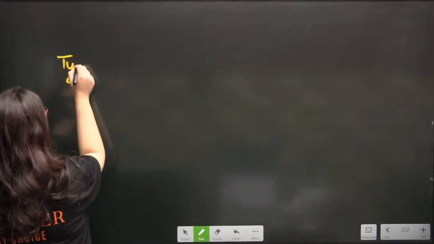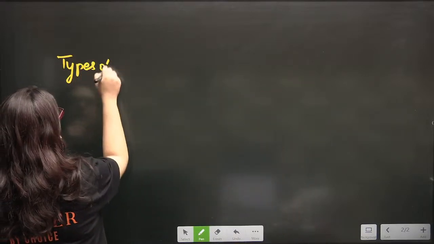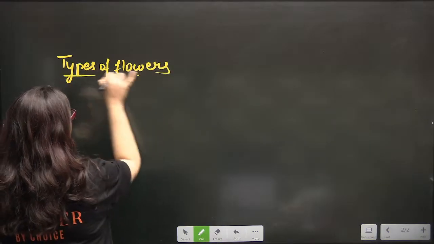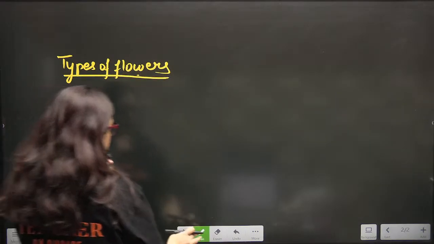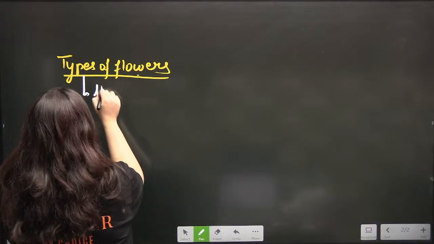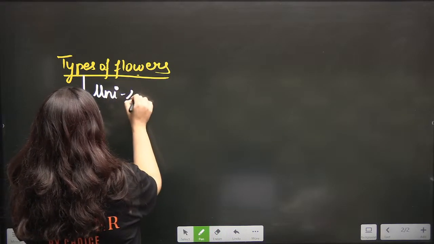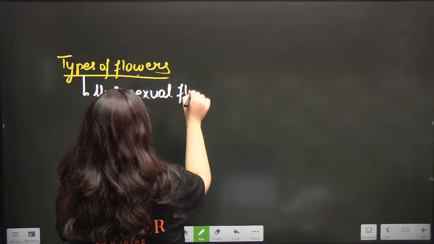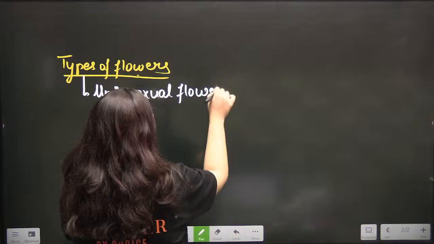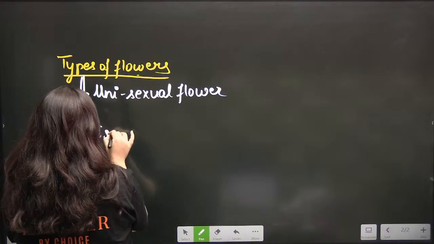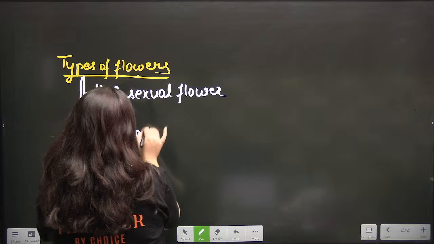Now, there are types of flowers: unisexual flower and bisexual flower.